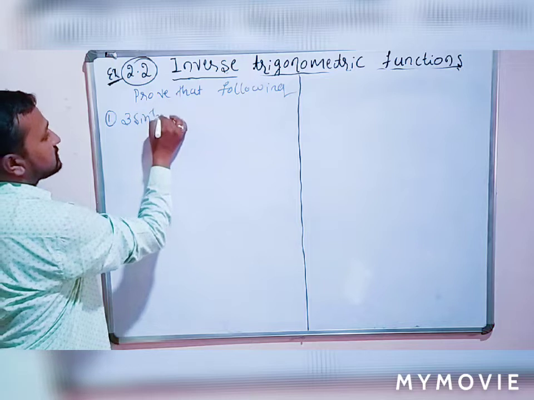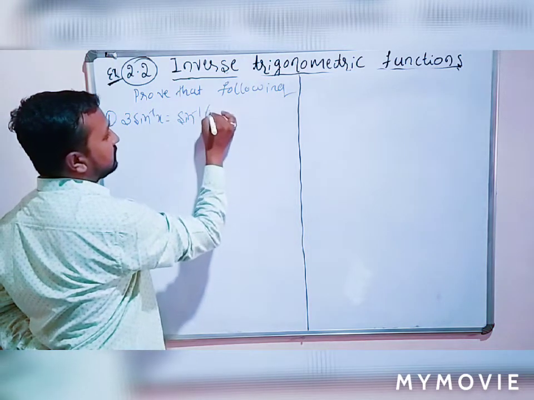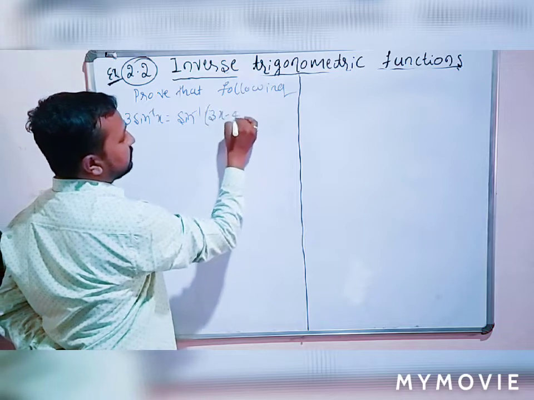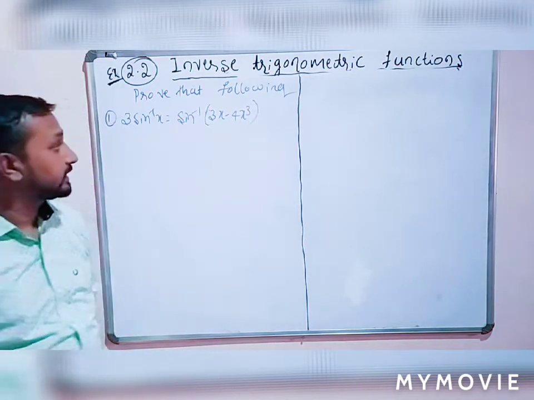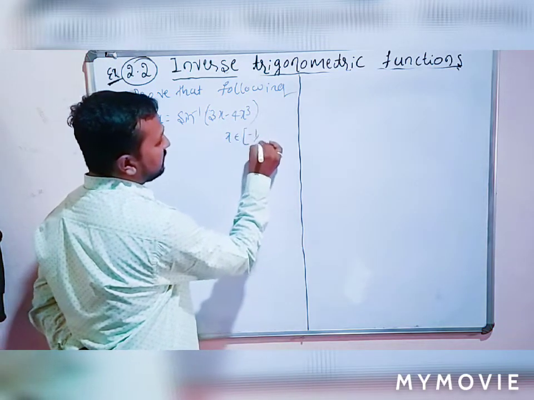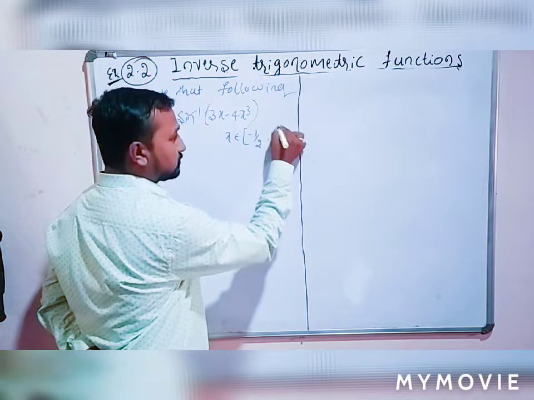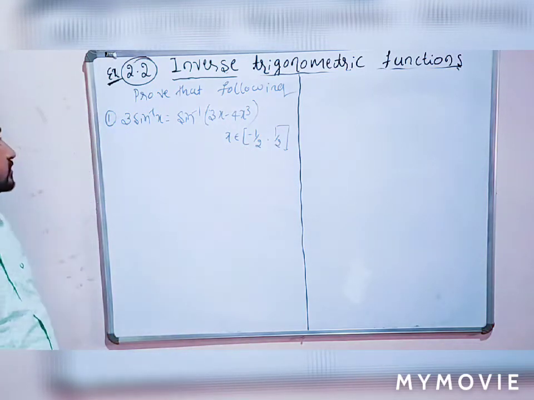First example: 3 sine inverse of x is equal to sine inverse of 3x minus 4x cube, for all x belonging to the closed interval minus 1 by 2 to plus 1 by 2.